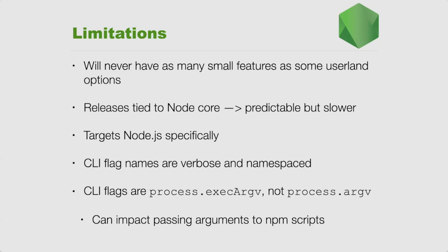So now I wanted to get into why you should or should not use the Node test runner. I wanted to start off with the limitations because I'm not going to sit here and pretend that it's this perfect piece of software. Nothing is. A lot of the limitations of the test runner come from the fact that it is built into core. So it's never going to have as many bells and whistles as some of the userland alternatives.